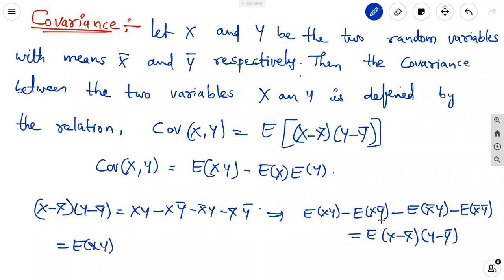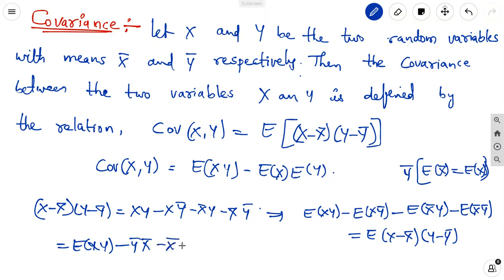Here, Y bar is a constant, so the term becomes minus Y bar times expectation of X, because Y bar is a constant and the expectation of X is X bar.